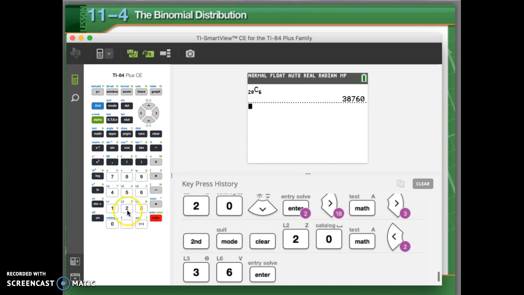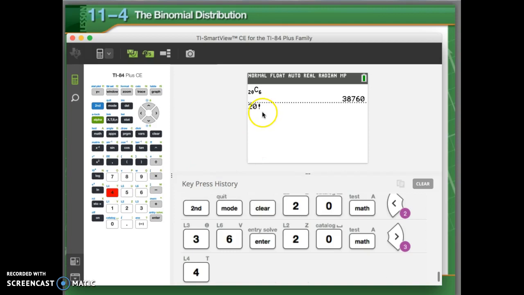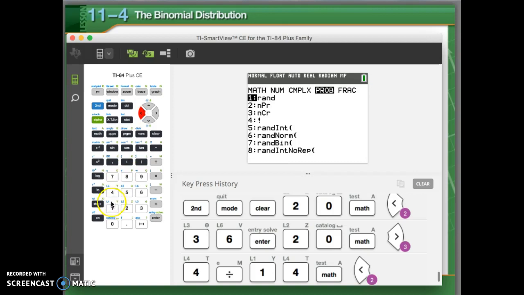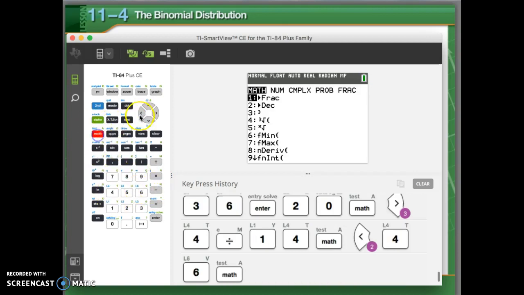The formula for doing this is 20 factorial, which is math probability 4. This exclamation point is called a factorial, divided by 14 factorial times 6 factorial.